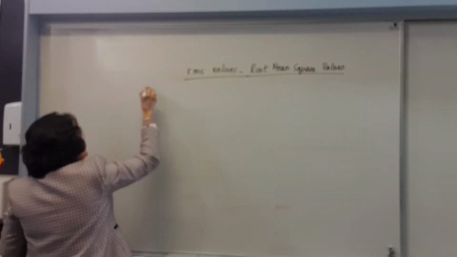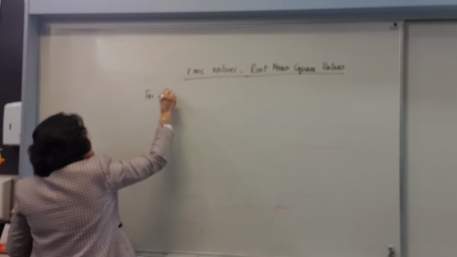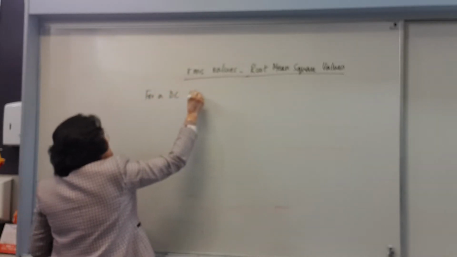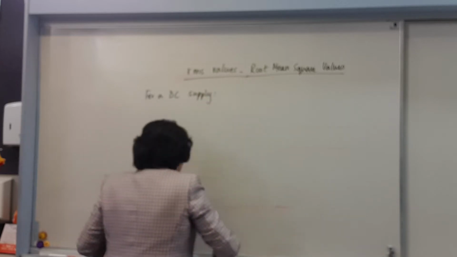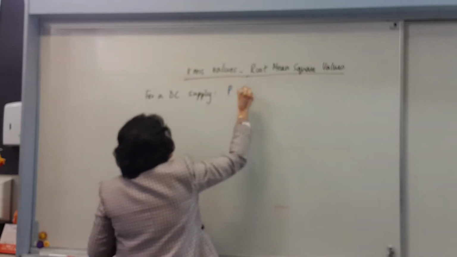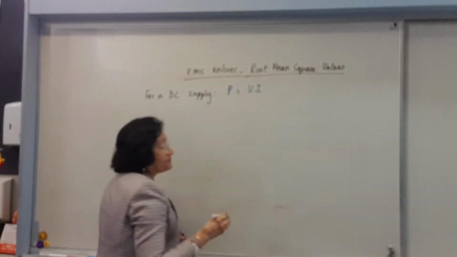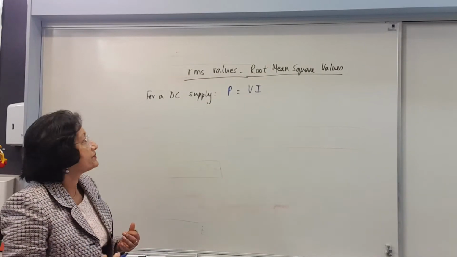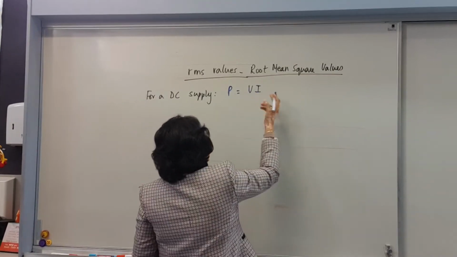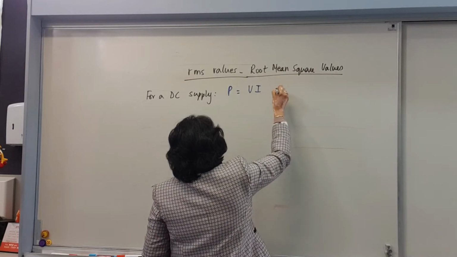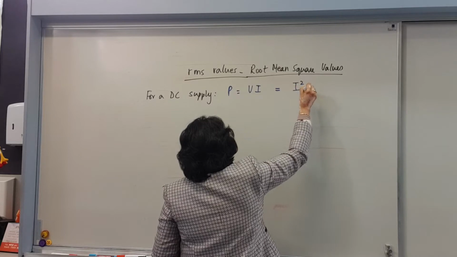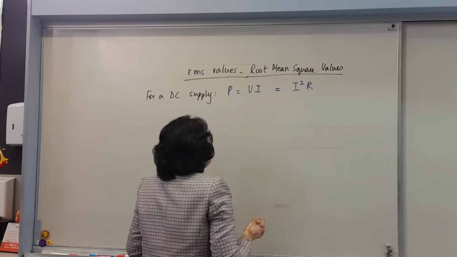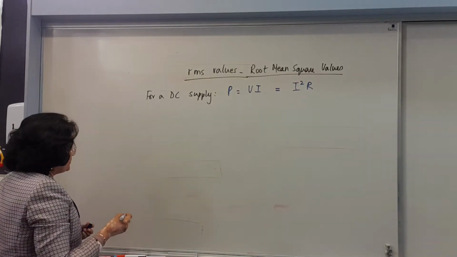So for a DC supply, which is a steady supply, your power is voltage multiplied by current. Okay, that's how you get power. And if you substitute for V or I using Ohm's law, you get the heating effect is actually I squared R. That's what this works out to.